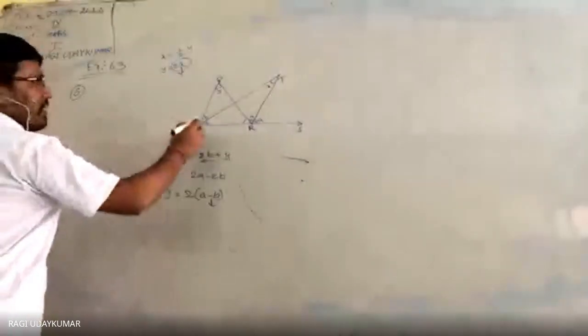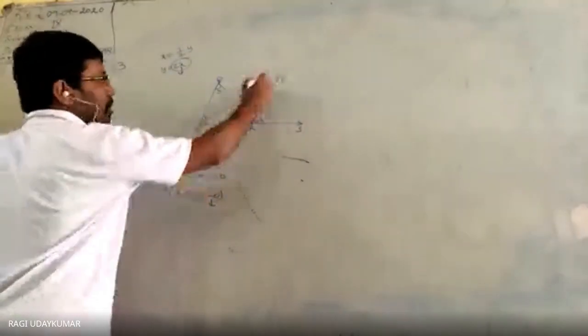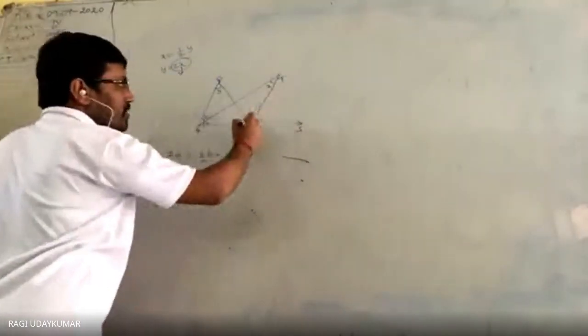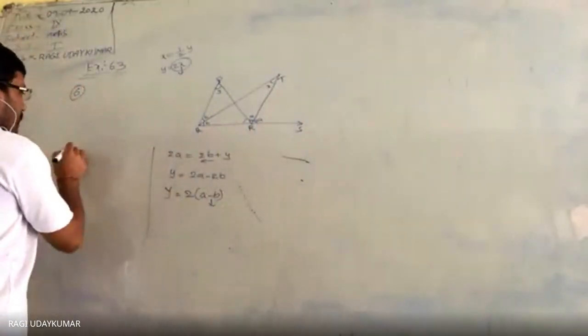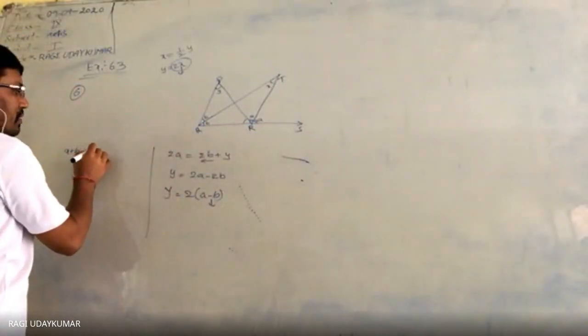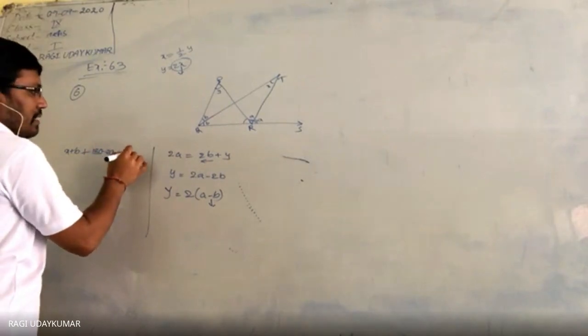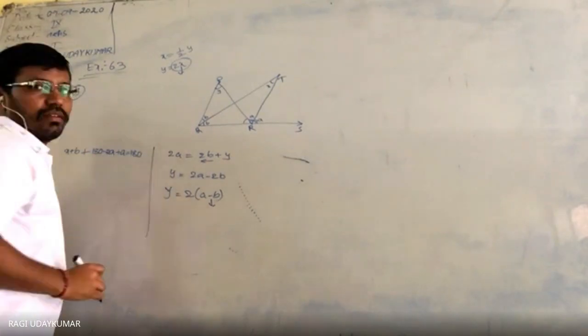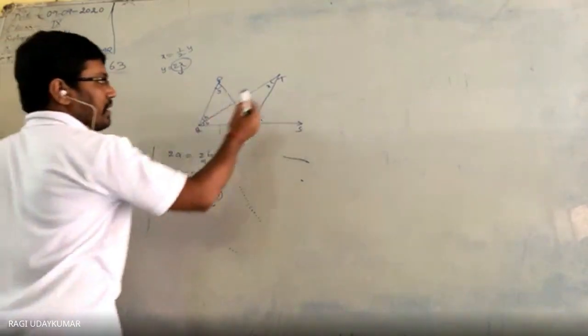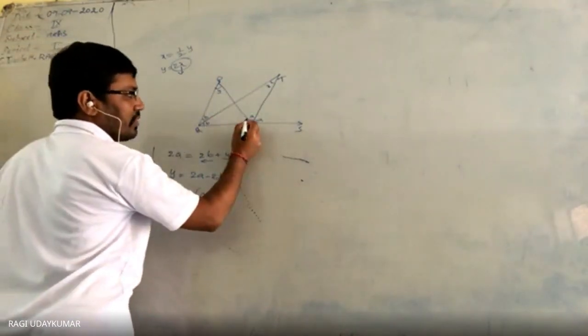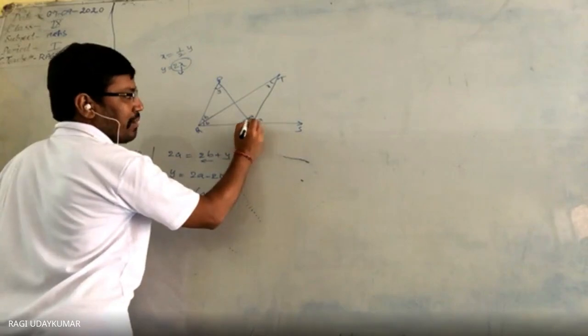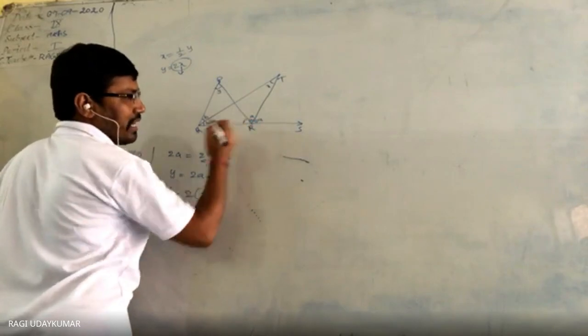So in this triangle apply the angle sum property. So what do you get? X plus B plus 180 minus 2A plus A is equal to 180. See here, X, B. This is 180 minus 2A because here it is completely 2A.